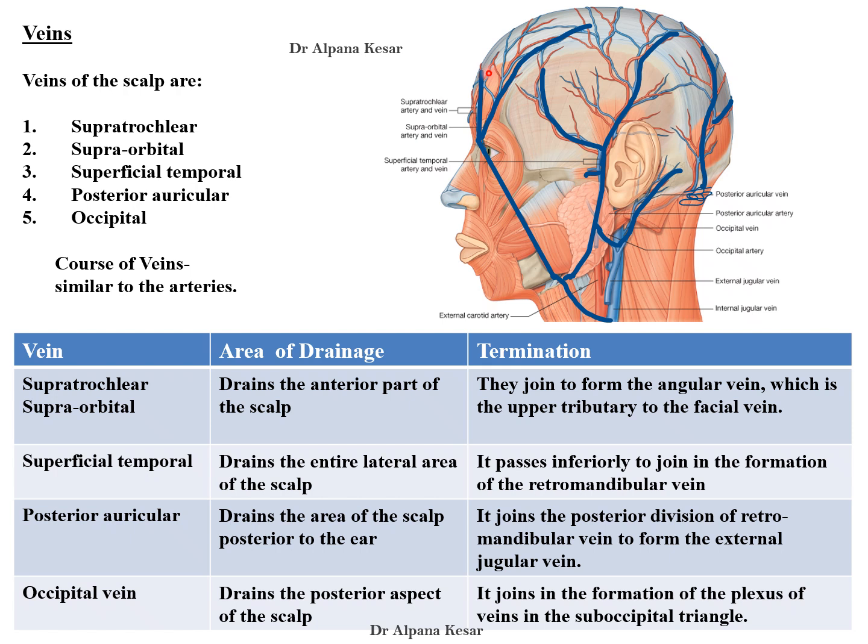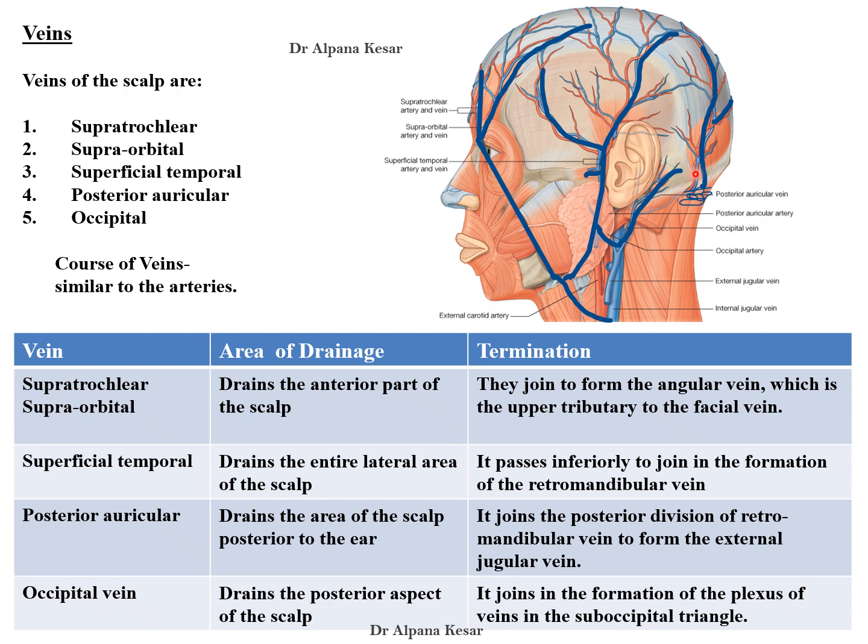That is, supratrochlear and supraorbital drain blood from the anterior part of the scalp. Superficial temporal vein drains blood from the lateral aspect of the scalp. Posterior auricular from a small area behind the ear, and occipital vein from the occipital region of the scalp.